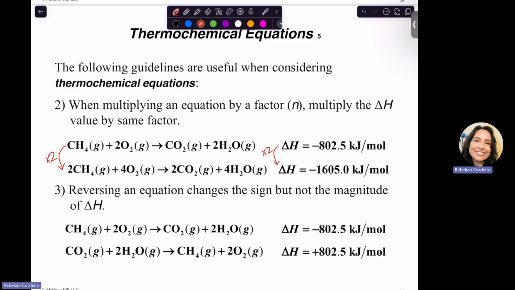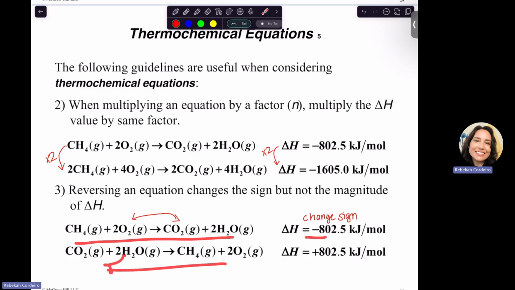If for some reason we needed to reverse an equation, I'm going to change the sign. Because if moving forward is exothermic, moving in reverse would be endothermic, but it's the same number. We will do a lot more with this when we talk about what's called Hess's law.